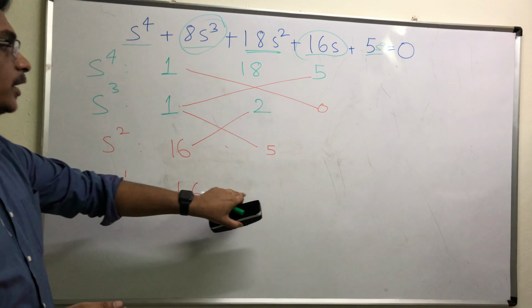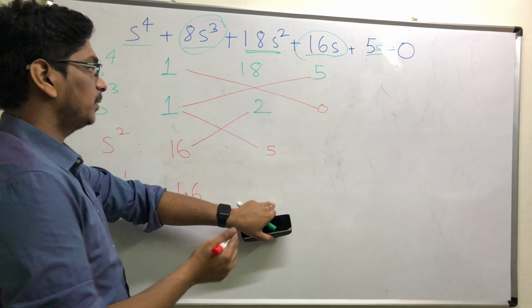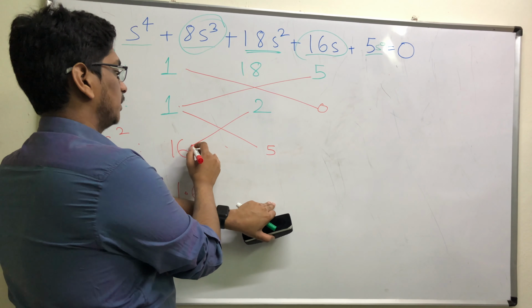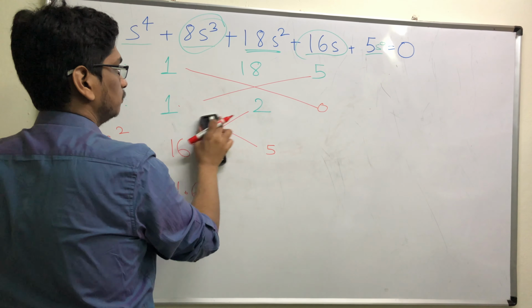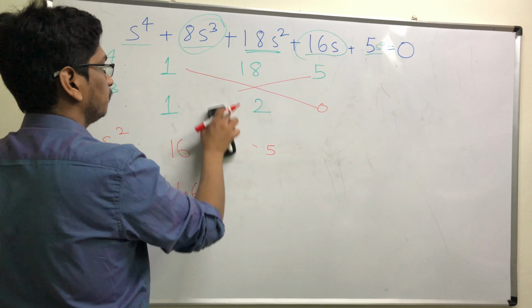So now to obtain this element, I would need to multiply. I'll get rid of these lines for you.